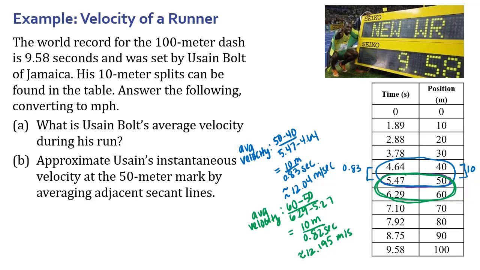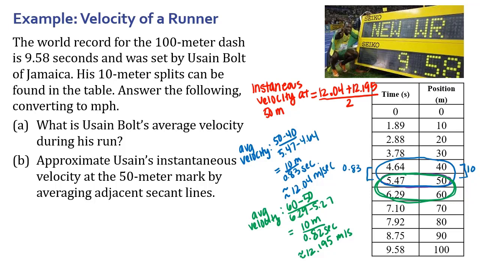So we'll find the average between the two. When I average those two, that's what's going to give me the instantaneous velocity. So that instantaneous velocity at 50 meters is going to be that 12.04 meters per second plus that 12.195 meters per second, divided by 2 because we have two values.